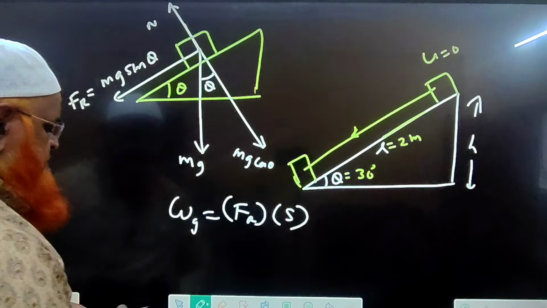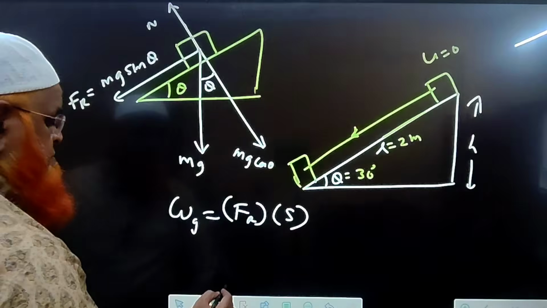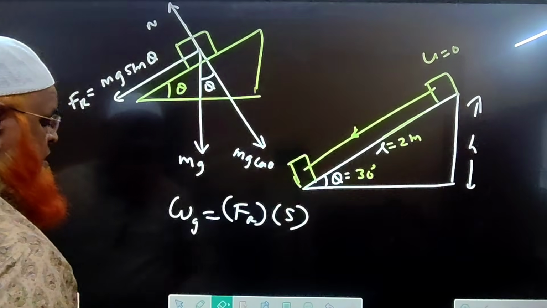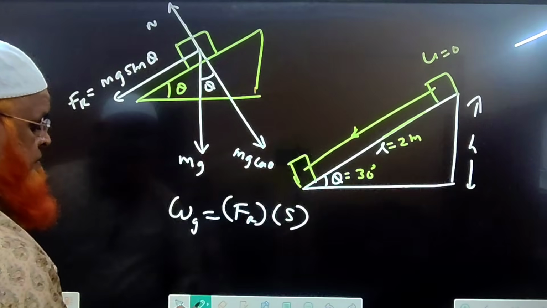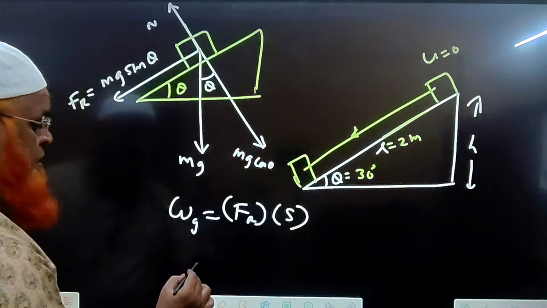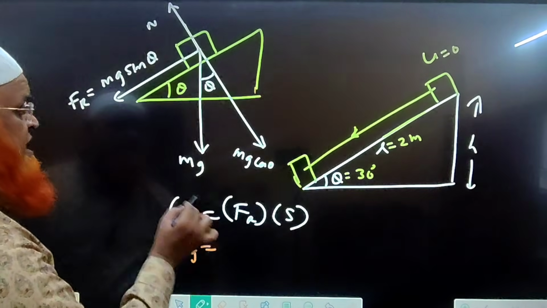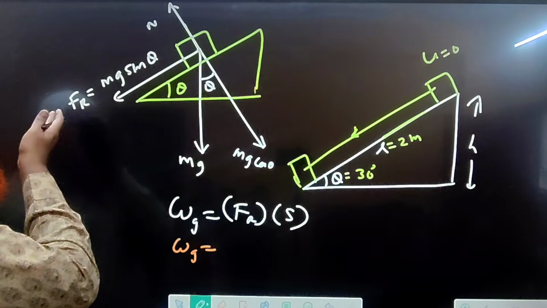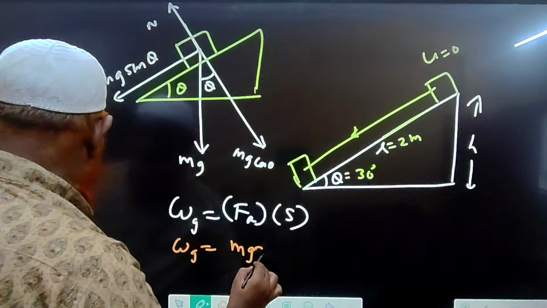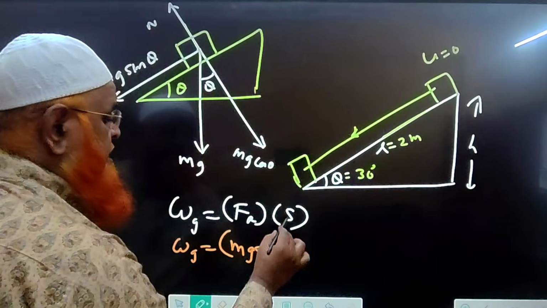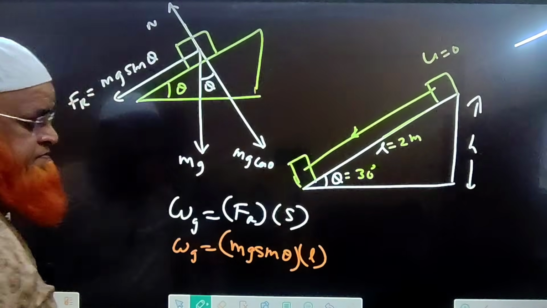The resultant force is mg sin theta, which is pulling downwards. So we write this as mg sin theta into displacement L.